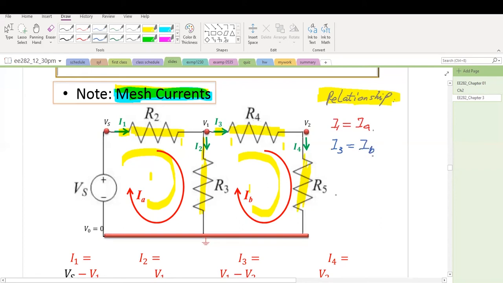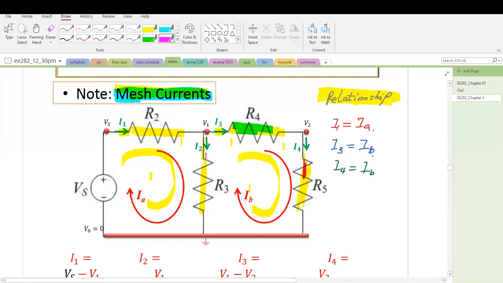That's a mesh current because this branch does not have another mesh connected to it. So I3 equals IB. What about I4? I4 equals IB as well, because this branch does not have any other mesh connected to it.